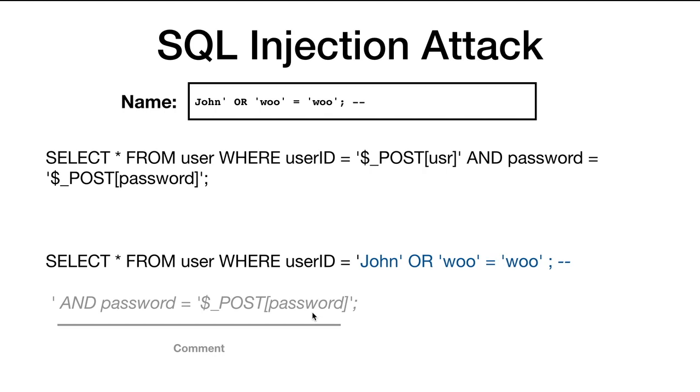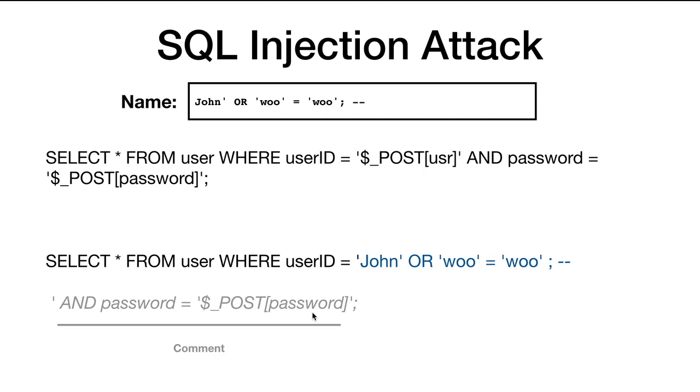So this will show us everything in this table, including the password for John. The user ID would probably be unique, so it would only give us the information for this one user, but it would give us everything in that row, including the password.